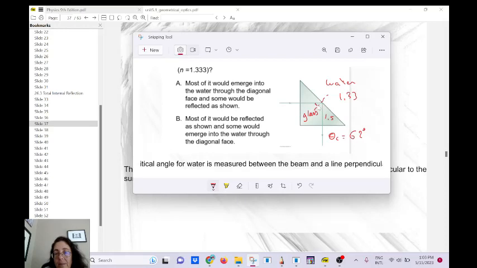So you see that angle here, which is 45 degrees. So the angle of incidence is 45 degrees, smaller than the critical angle. So what's going to happen? Yes, it can escape, right? So it will escape. So some of it will be escaping, some of it will be reflected.